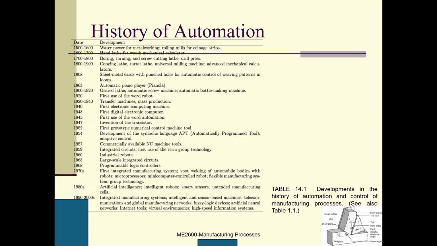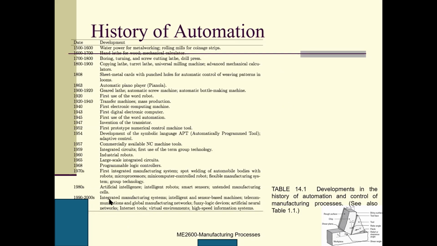This is internet tools, virtual environment, high-speed information system. So you can see all these automations are closely related to electronics. Only after the electronics technology advanced did people have the technologies for automation. Otherwise, it is impossible.